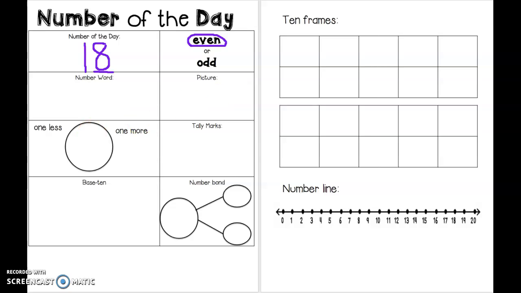All right, so now we're going to write the number word. Now I hear the word 8. Now that is one of those multi-meaning words, isn't it? That we learned about. 8 means I ate some potato chips yesterday. That means you're eating something, right? Or 8 like the number 8.